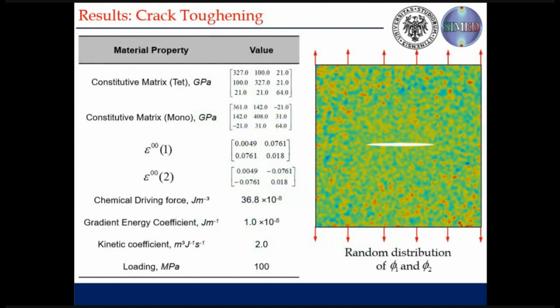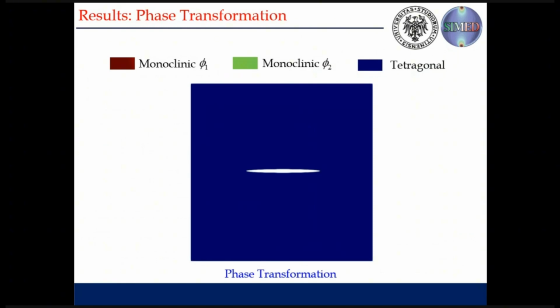Now, if we perform the simulation, we want to see if there is some sort of toughening due to this phase transformation. For that, we take a domain similar to earlier, 2 by 2 domain, and we have an elliptical crack in the center, and then using the same material properties and giving the random distribution, we perform the simulation, and you can see with time we have the phase transformation here.